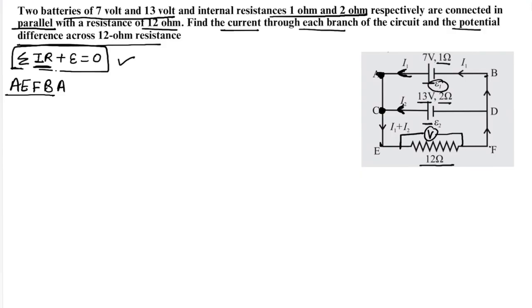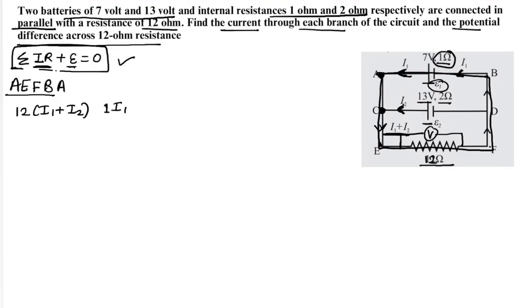Now for the first term, that is the product of current and resistance. In this loop A, E, F, B, A, the resistor attached here is of 12 ohm and through this resistor the current flowing is I1 plus I2, and the other internal resistance of 1 ohm has current I1 flowing through it. So through the 12 ohm resistance the current flowing is I1 plus I2, and through the resistance of 1 ohm the current flowing is I1.